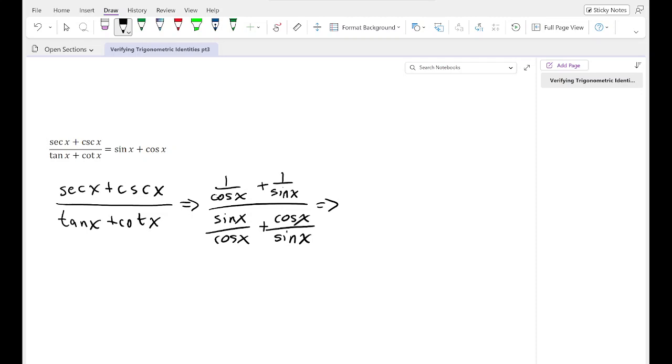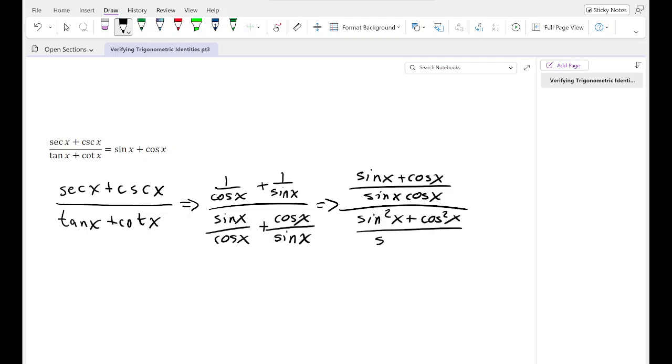So the top is going to end up giving me sine x plus cosine x all over sine x cosine x. And in the bottom, I'm going to get sine squared x plus cosine squared x all over sine x cosine x.